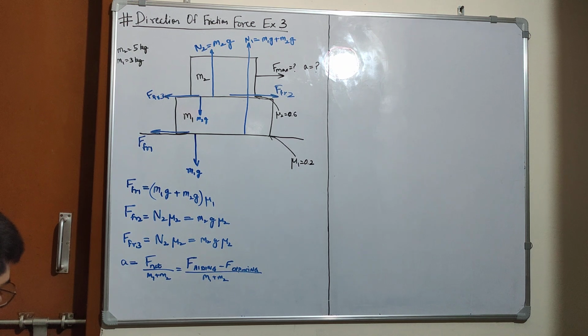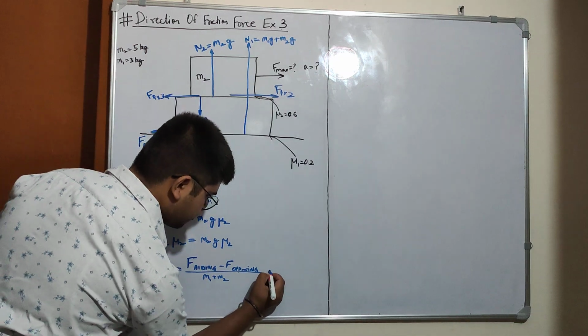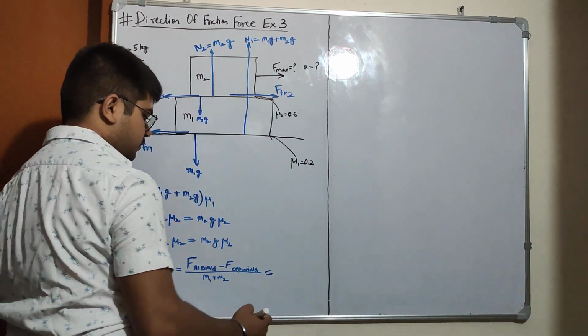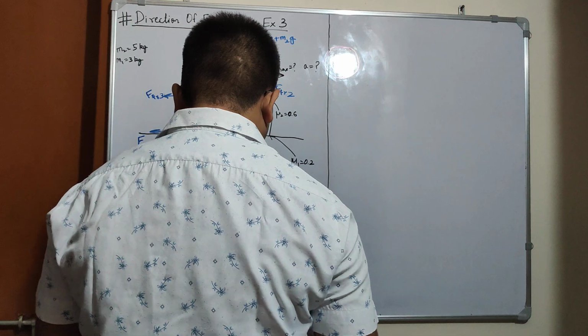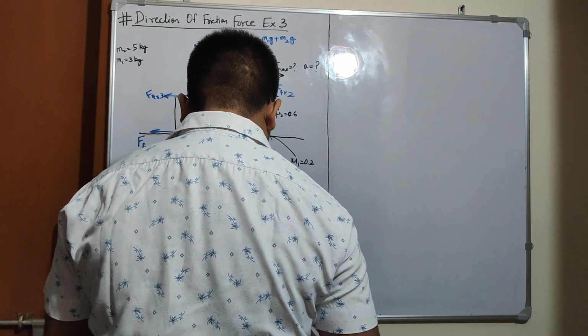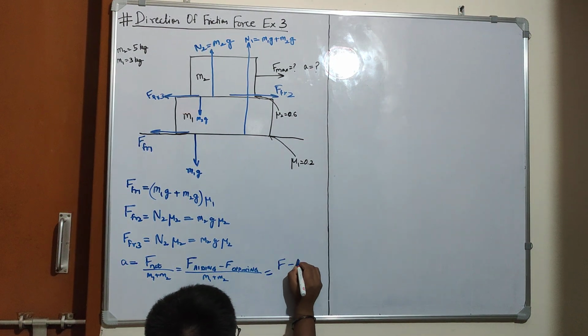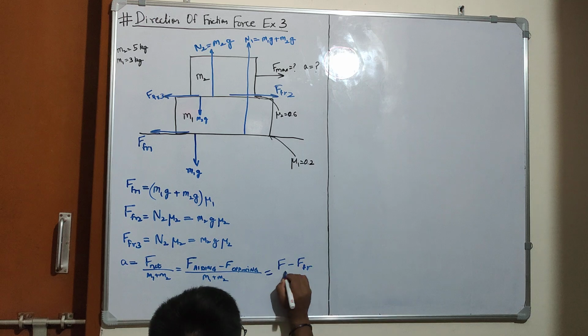Now F aiding equals F, and F opposing is the frictional force. So F minus F frictional over m1 plus m2.